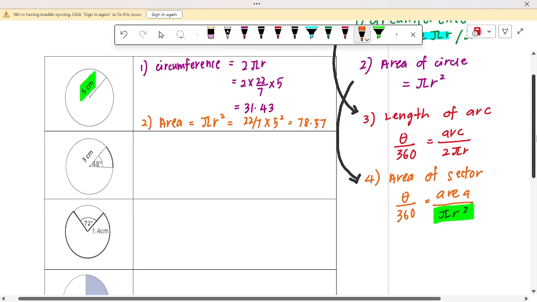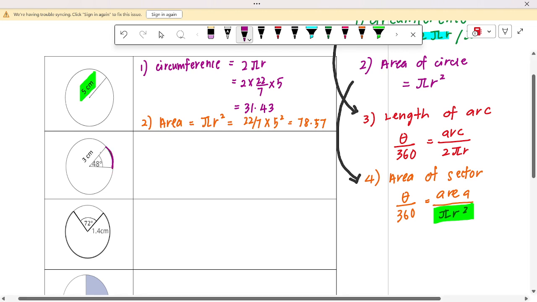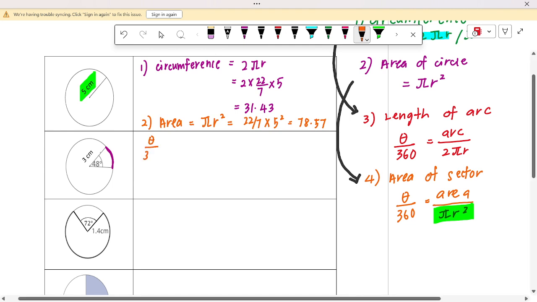In the next question, you can see a sector here. There's a highlighted part where they want you to find the arc, so they want to know the length of arc. Let's write down our formula first: theta over 360 is equivalent to arc over 2 pi r.